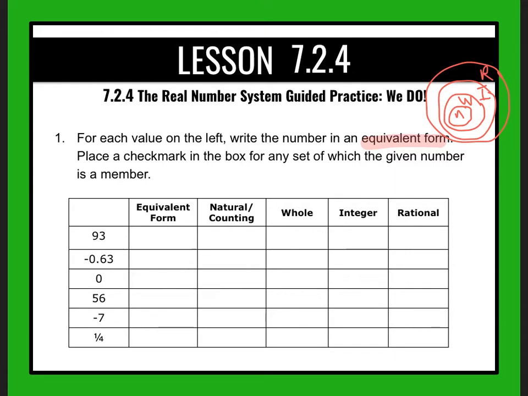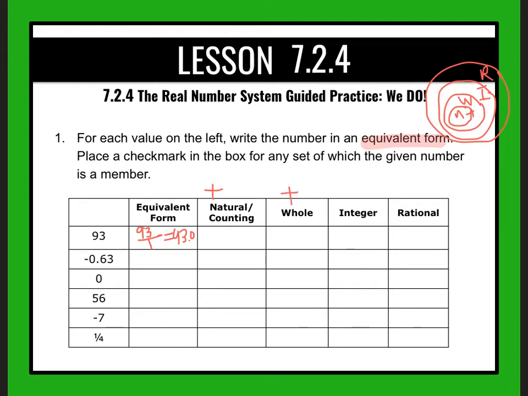So remember, if I'm a natural number, I'm a whole number. I'm also an integer, and I'm rational. So each subset is a part of the other set, especially as I go from inner all the way out. So 93, I know another way to write 93 is 93 divided by 1. That equals 93, or 93.0. Well, according to my characteristics, natural numbers are positive. They cannot have decimal values, okay? And they exclude 0, so no 0.